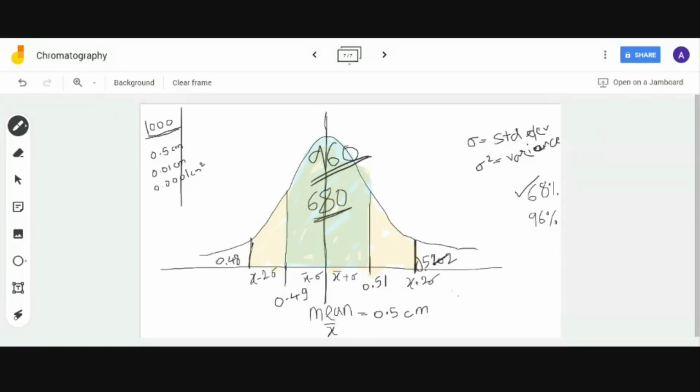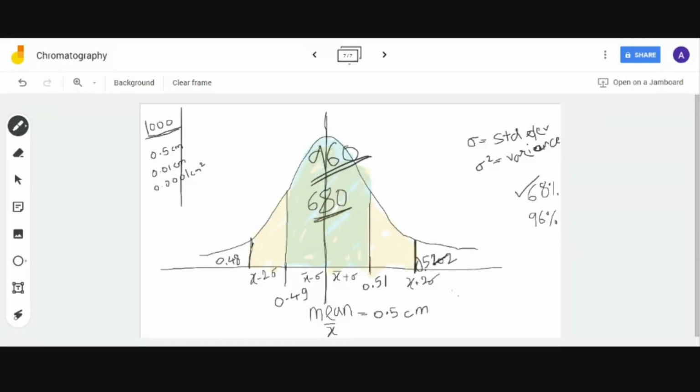I hope this concept you have recollected. We are going to apply this logic, this concept, when we discuss the height of the theoretical plate. We are going to apply the same concept over here.